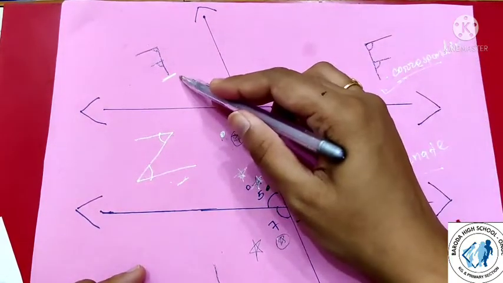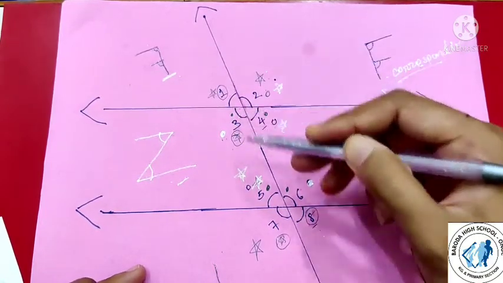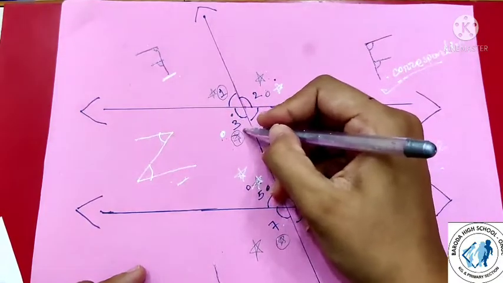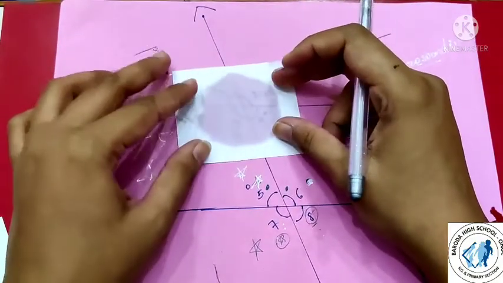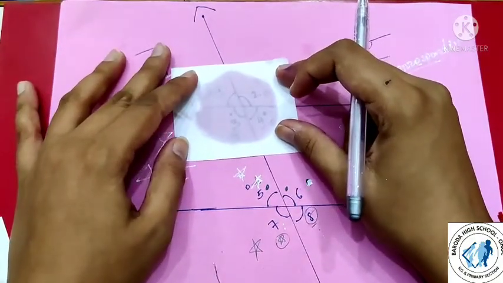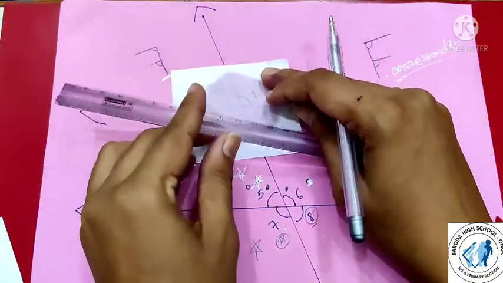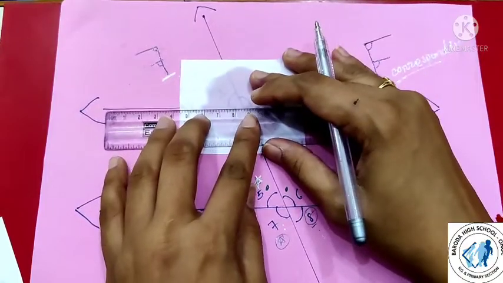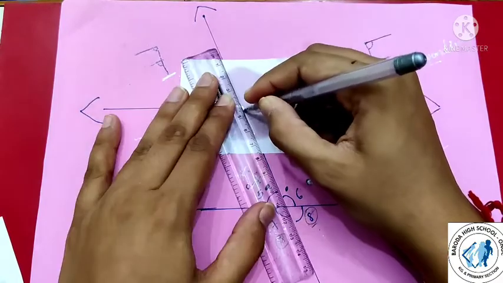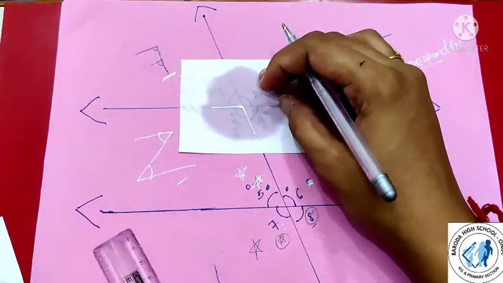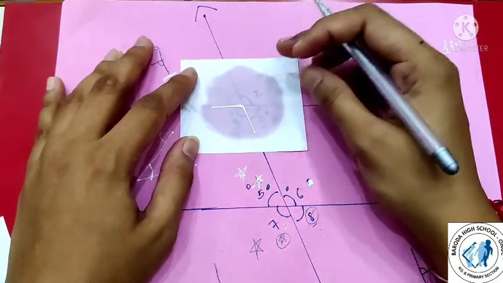Okay, so let us check for the corresponding angles first. The F kind of structure here is made by 3 and 7. Correct? So my 3 and 7 should be same. Let us check with the tracing paper. As you can see, let me draw the line with the help of a ruler. So now 3 should be same as 7.